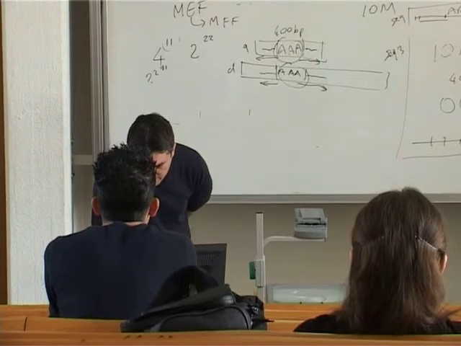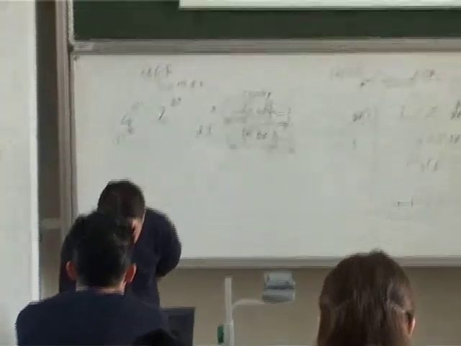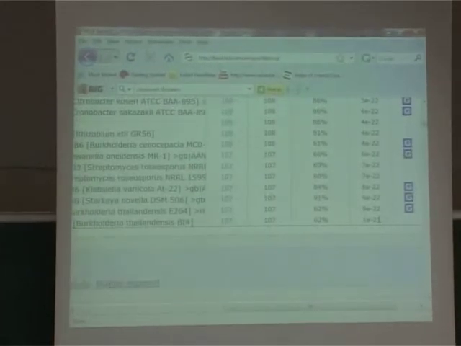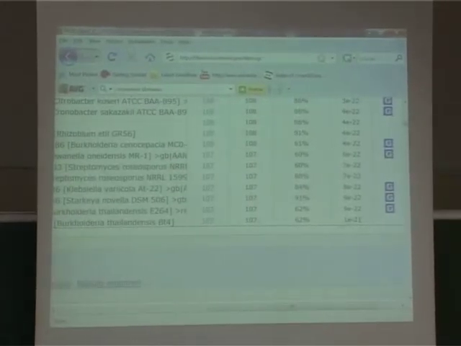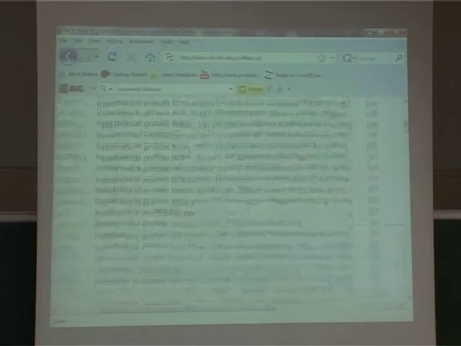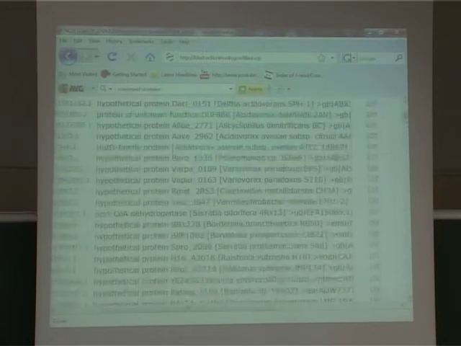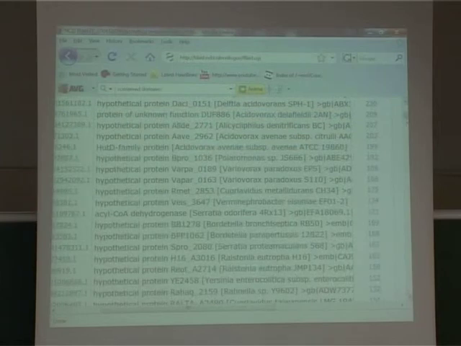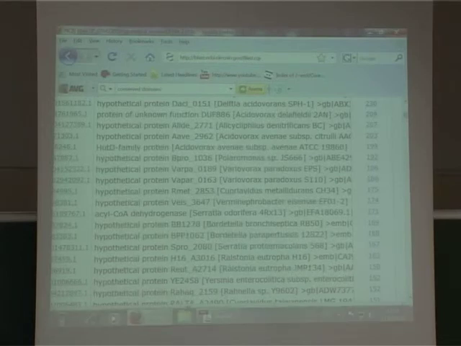In the first page of the results, all of them are very significant hits. This one is also a significant hit. As you can see, we get many matches to our query protein sequence, if it is really a protein sequence.